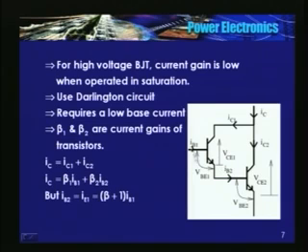It is shown here, 2 transistors or more than 2 connected in this fashion. Now, what is the gain of this combination? IC is the total current, IC1 is flowing through transistor 1 and IC2 is flowing through transistor 2.